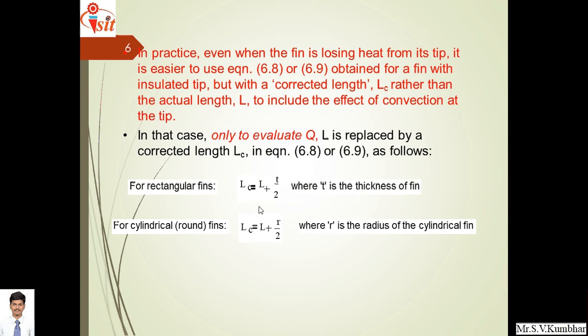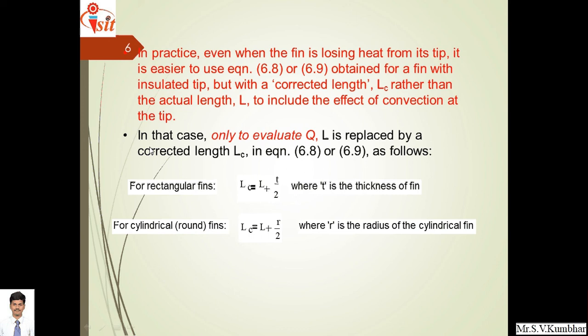So in practice, even when the fin is losing heat from its tip, it is easier to use equation 6.8 or 6.9 obtained for a fin with insulated tip, but with a corrected length Lc rather than the actual length. We will include the effect of convection at the tip.